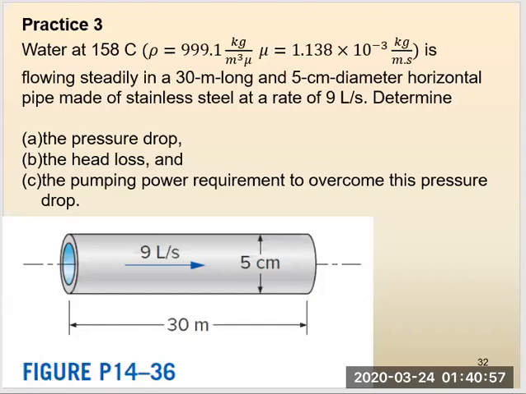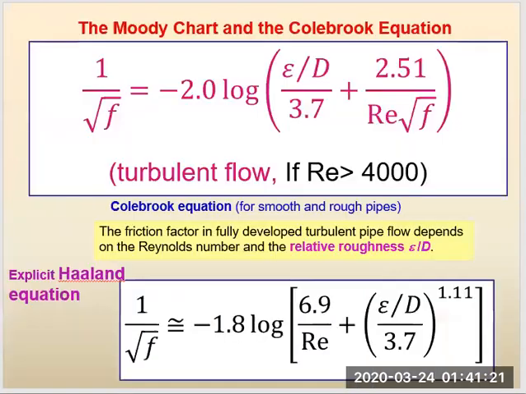Obviously, again, you need to define your regime of the fluid flow first. Then you need to choose the equation that you need to use to calculate your Darcy friction factor. You need to see if it's turbulent or laminar. If it's turbulent, then you need to use one of these equations, and my recommendation is to use this equation, not this one, because this one is easier to calculate.